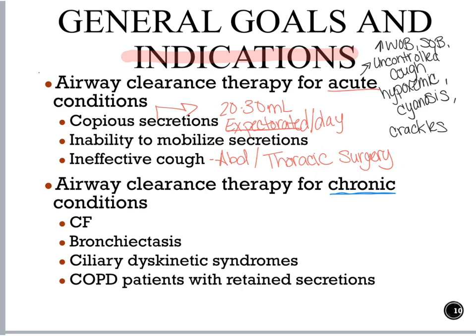These bronchodilators are going to help open the airways, so hopefully they can improve the transport of the mucus. Then we're going to do the CPT, and post CPT, that's when we'd administer inhaled antibiotics, because this can improve lung deposition. So we have those lungs opened up from the bronchodilators, and then we're moving the mucus out so that it's not blocking where we want those anti-infectives to go.